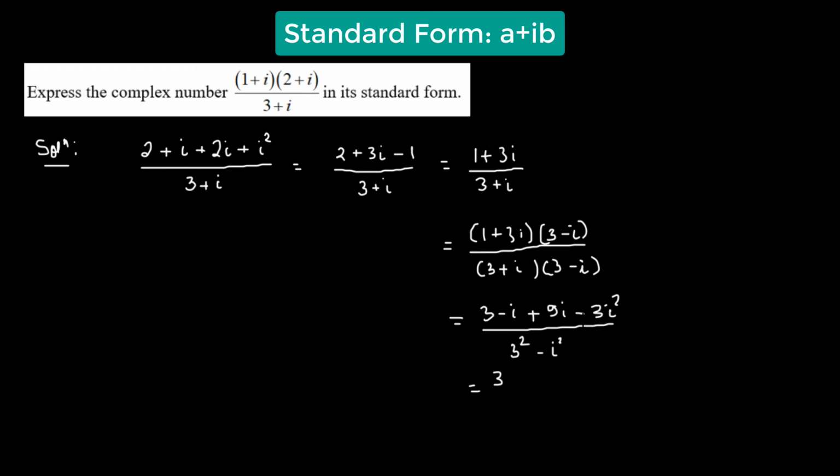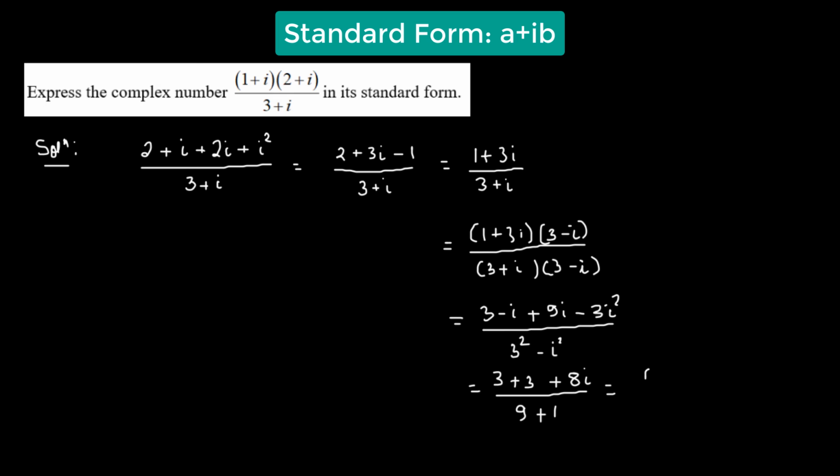So minus 3i squared will be plus 3, plus 9i minus i will give us 8i, divided by 3 squared is 9, minus i squared is -1. So negative times negative will give us +1.